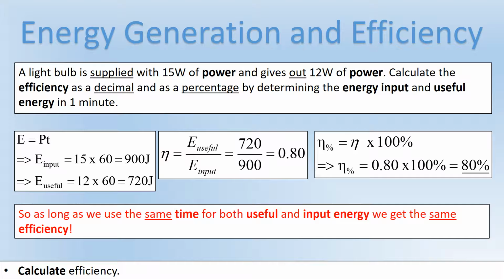We get useful energy transfer of 720. If we calculate the efficiency with those values, we get exactly the same number, 0.8, which gives us an 80% efficiency. So as long as we use the same time for both the input power and the useful power, we get the same efficiency, so it doesn't actually matter which unit of time we use.